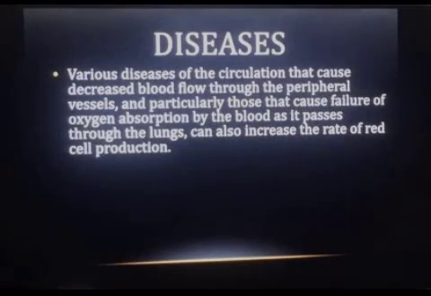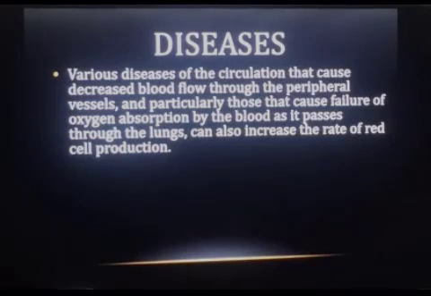Now there are certain diseases which also cause production of red blood cells, like various diseases of circulation that cause decreased blood flow through the peripheral vessels, and particularly those that cause failure of oxygen absorption by the blood as it passes through the lung, which can also increase the rate of red blood cell production.